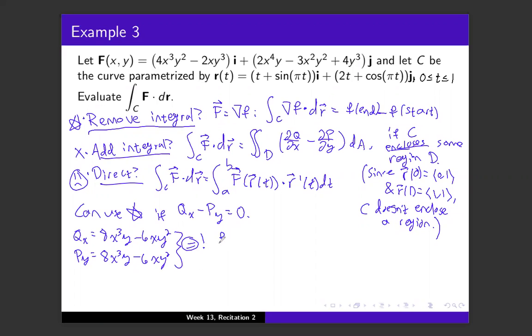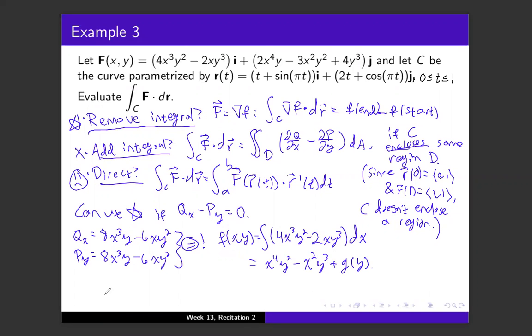For that, we know that f(x, y) is the antiderivative of 4x cubed y squared minus 2xy cubed dx, or in other words, x to the 4th y squared minus x squared y cubed plus some function g of y.